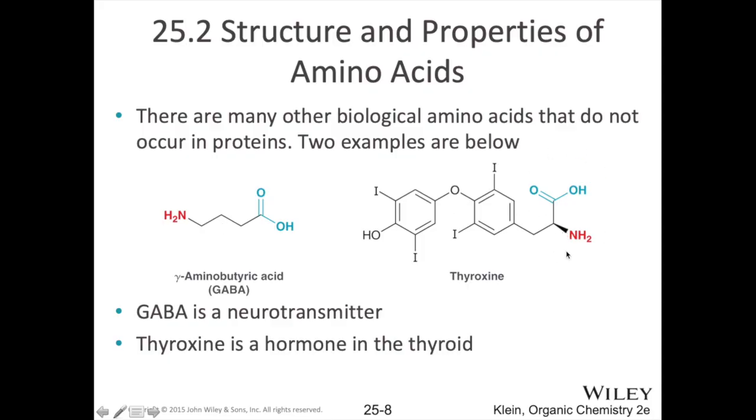Here's thyroxine, which is a hormone found in the thyroid, and that is an alpha amino acid. Notice that both the carboxylic acid group and the amine group are attached to that same carbon. But of course, you won't find it in a protein. It's not an amino acid you'll find linked up to other amino acids to make a peptide.